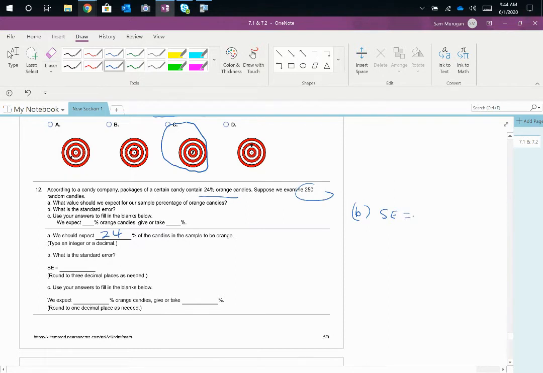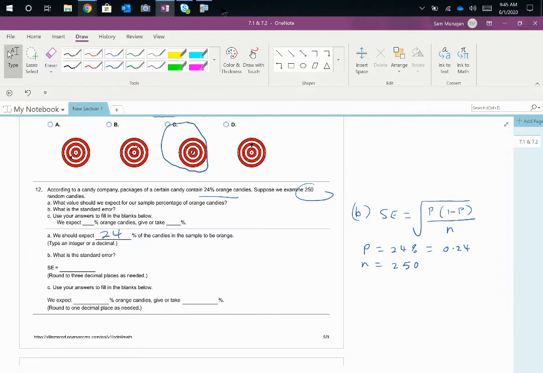Now, the standard error is computed by the formula: standard error is equal to the square root of p times (1 minus p) over n. So p in this case is the population proportion, which is 24%, or 0.24 as a decimal, and n is the number in the sample, 250. So you would go to your calculator with this.